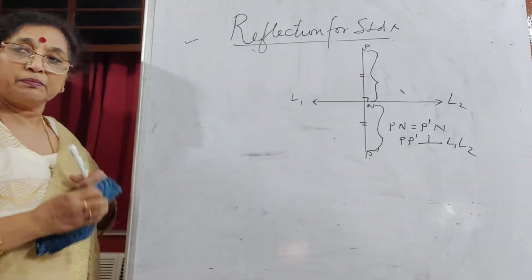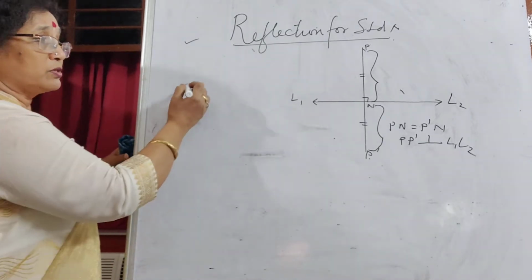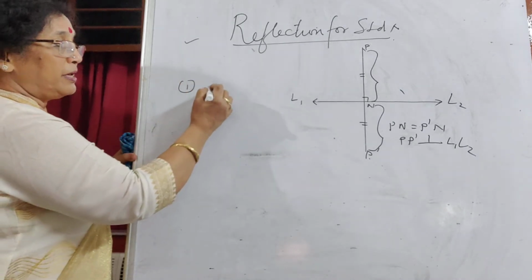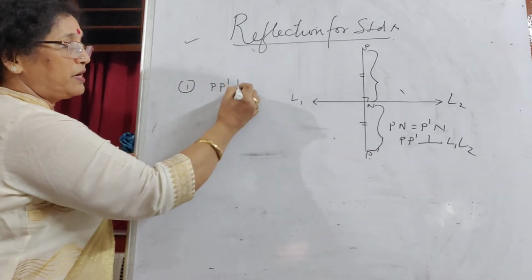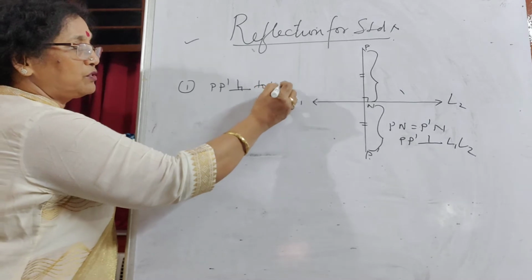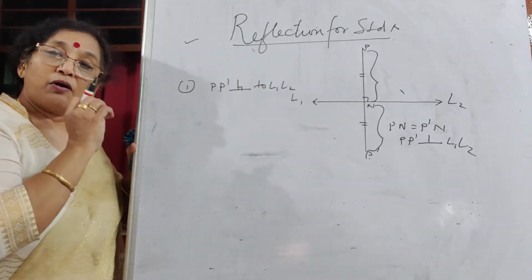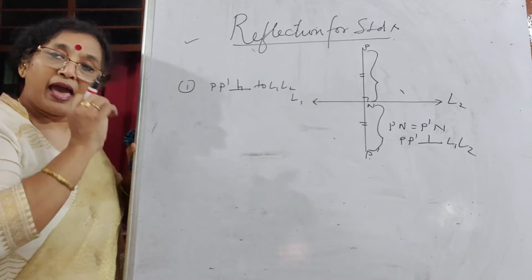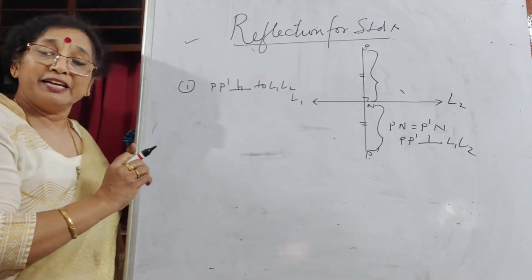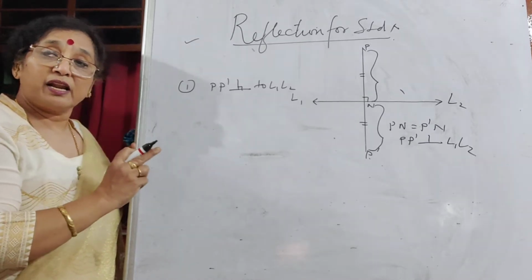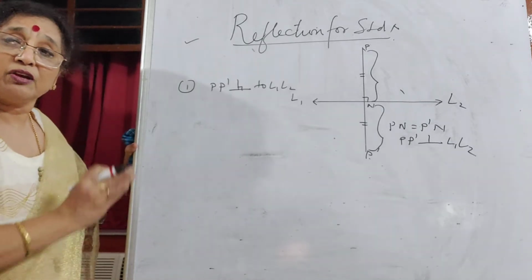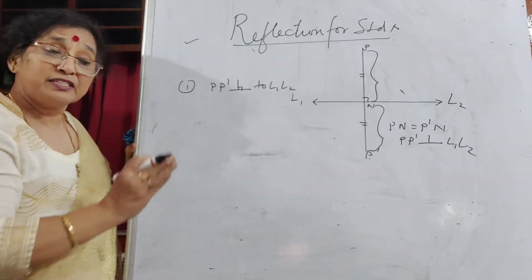So line reflection, let me do a little bit. What are the rules? So you have PP dash must be perpendicular to L1, L2. That means the line joining the object point and the image point, that straight line must be perpendicular to the mirror line. That's the first thing.